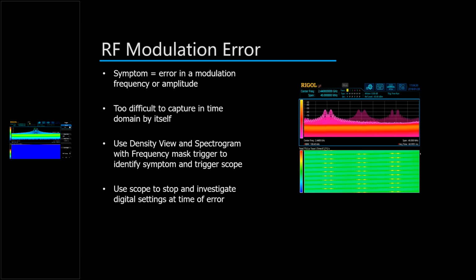So now I'm putting the scope back to where we had it there. And now going to center that up. So now we're able to capture the pulse in frequency using our frequency mask trigger and look at individual pulses that way.